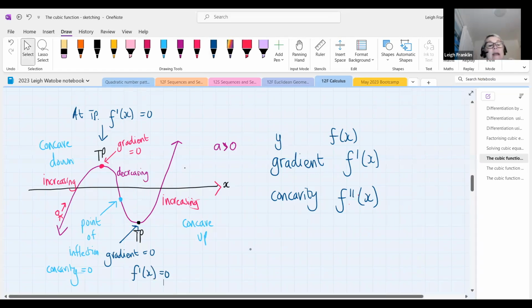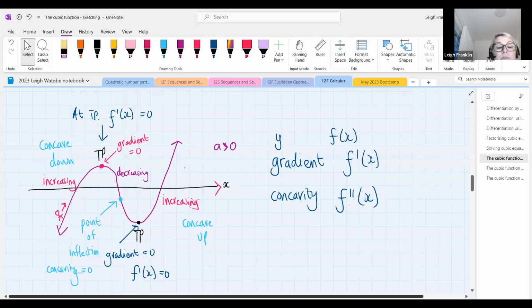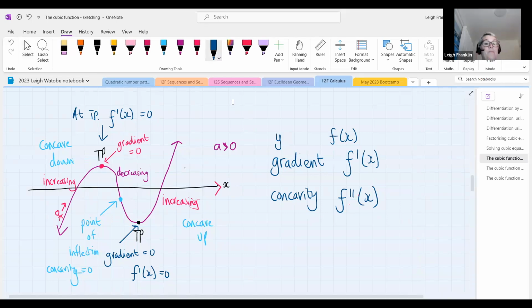How would I indicate concavity at my point of inflection? How would I write that with symbols? f double prime equals 0.